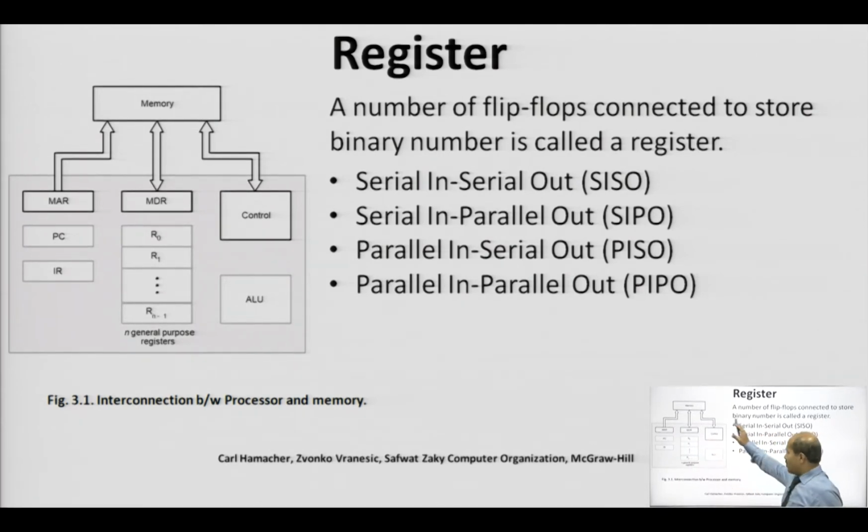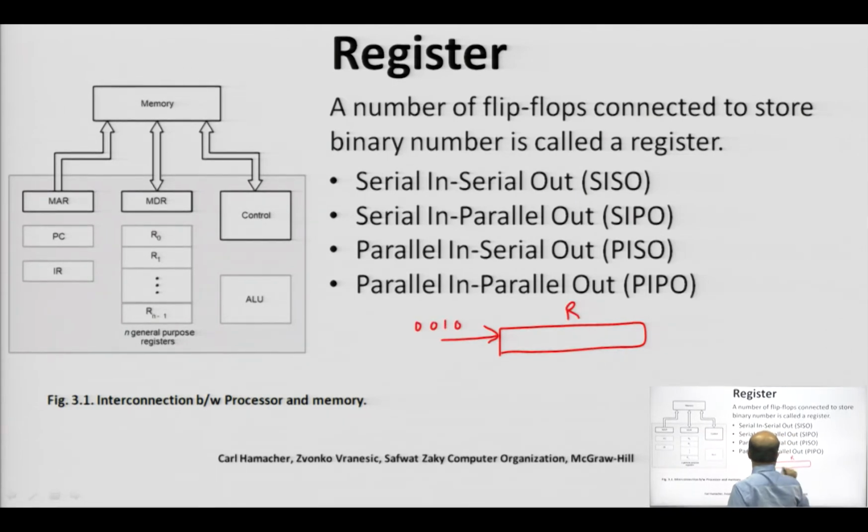So, all these registers can be categorized in 4 types: the serial in, serial out category, the serial in, parallel out category, parallel in, serial out category, parallel in, parallel out category. In case of serial in, serial out, the input is taken to the register in a serial manner, and similarly the output is produced by this register in a serial manner.